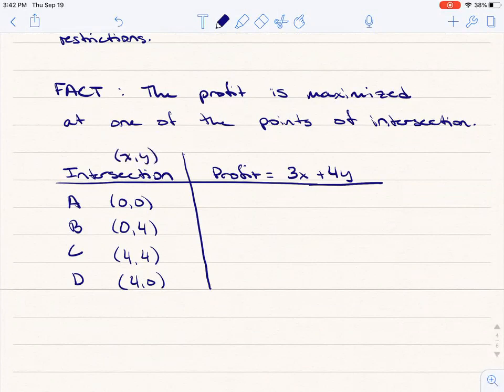So for the first one, we can calculate the profit as 3 times 0 plus 4 times 0, 0 profit. Makes sense. If you're not using any labor or any machines, you're not going to make any profit. It's fair enough. So the profit for the first intersection is 0.